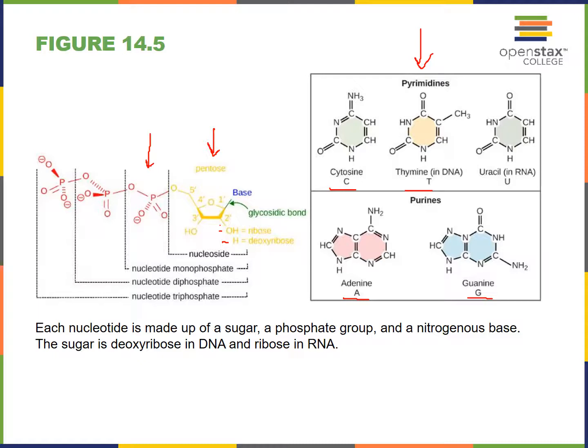So basically, he learned this concept of complementary base pairing, which states that in DNA, adenine is always going to hydrogen bond with thymine. They will complementary base pair. And in DNA and in RNA, cytosine will always complementary base pair and hydrogen bond to guanine. And this is known as Chargaff's rule.